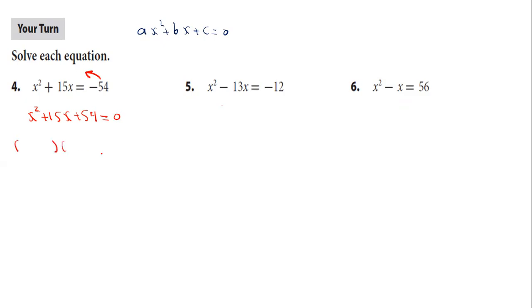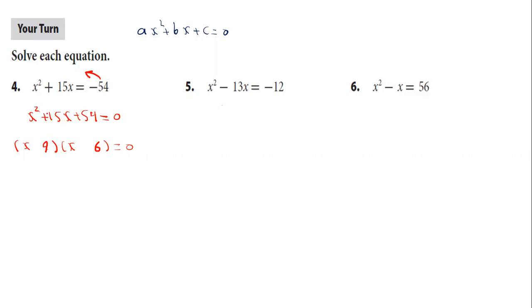Factorize the trinomial as much as you can. X, 54, two numbers: their product is 54, their sum is 15. What are these two numbers? Yes, 9 times 6. 9 times 6 is 54, and their sum is 15. Now, for the signs inside the brackets, the signs will be the same because the last sign is positive, and follow the midterm sign, okay?